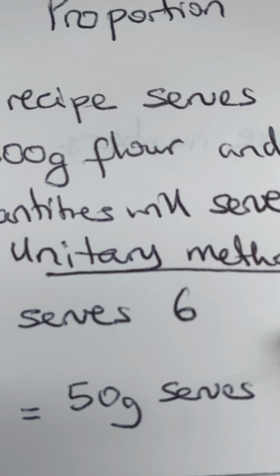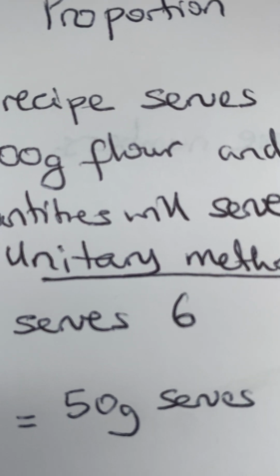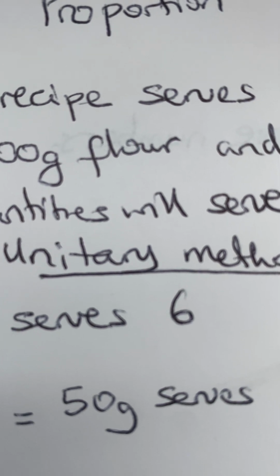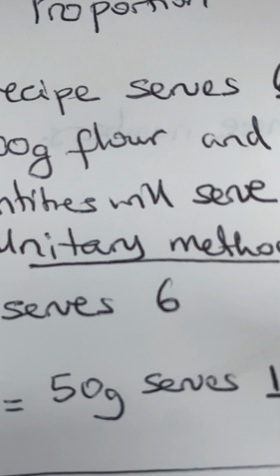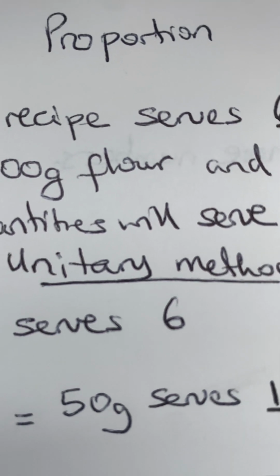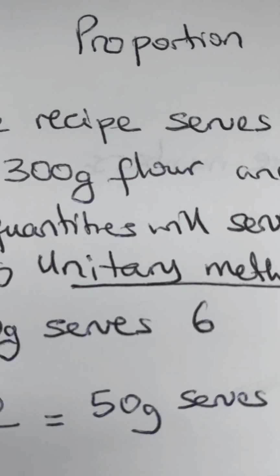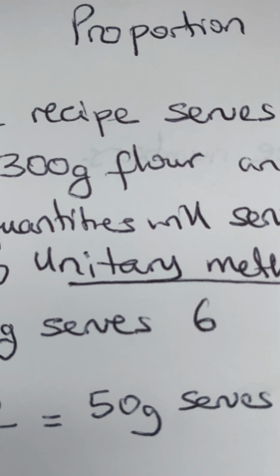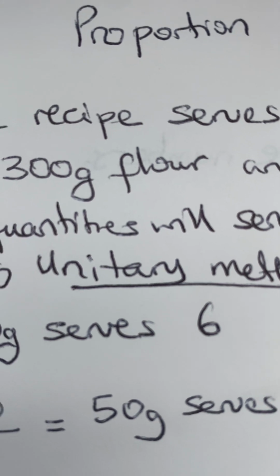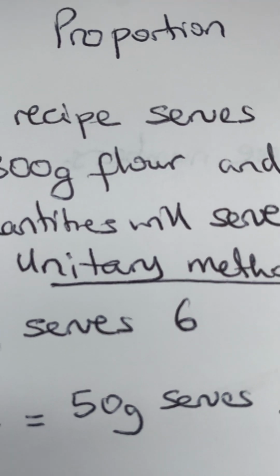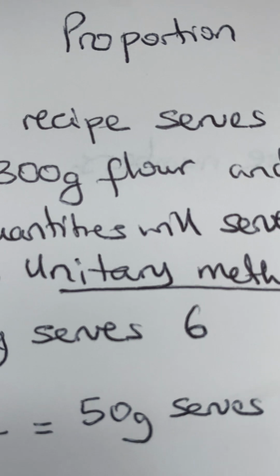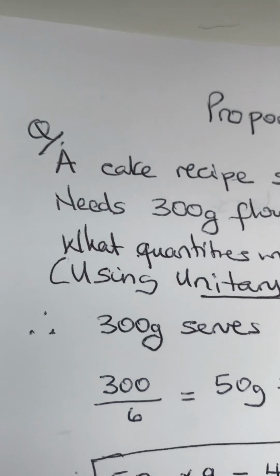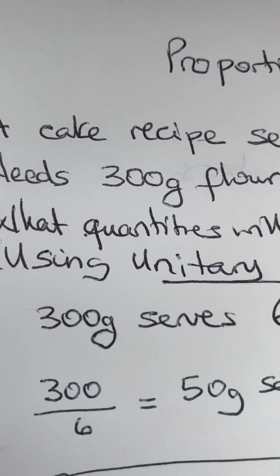If you are mixing scones or bread, that also has its own proportions of flour and sugar and butter, okay? So you can't say, oh, I can add any amount. And it's the same thing we want to have a look at here, okay?